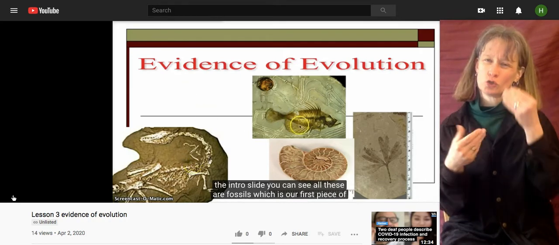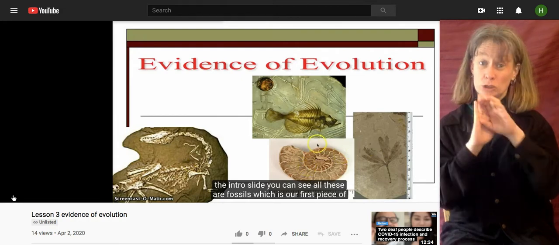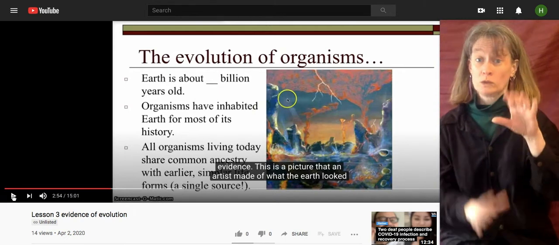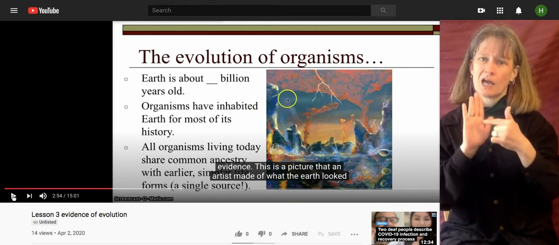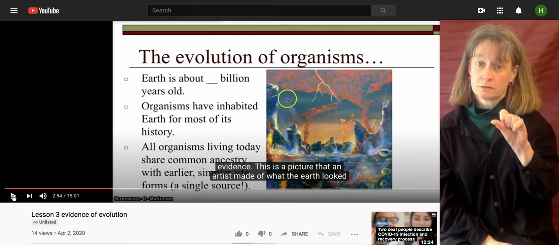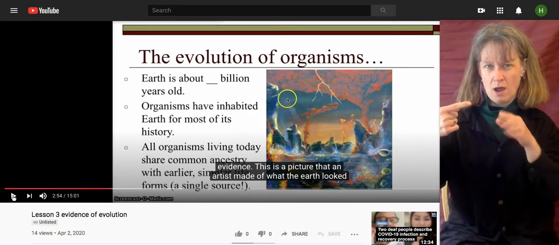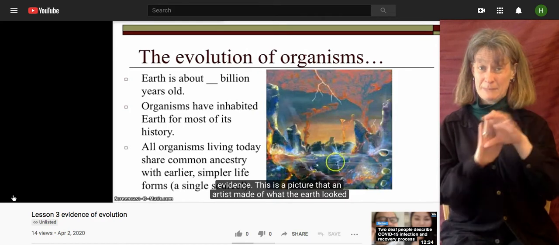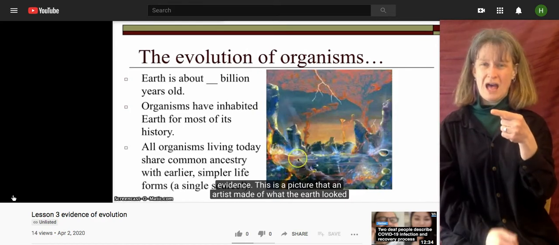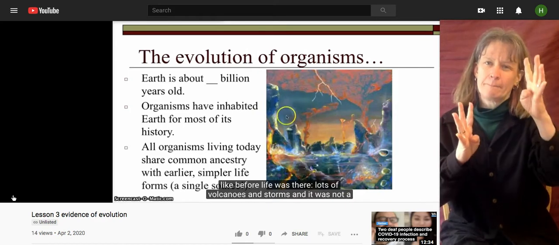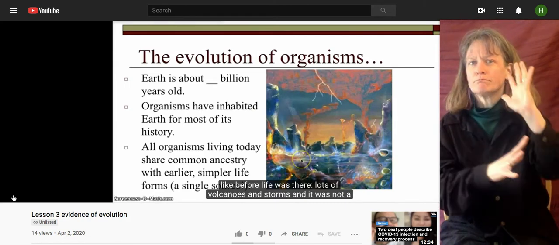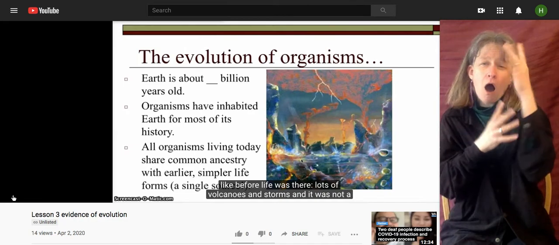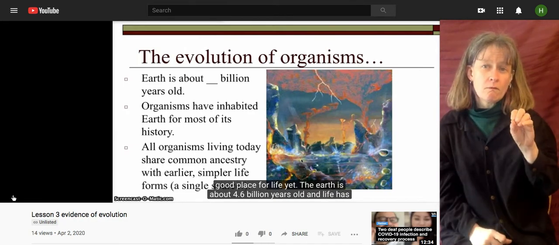You can see all these are fossils, which is our first piece of evidence. This is a picture that an artist made of what the earth looked like before life was there. Lots of volcanoes and storms, and it was not a good place for life yet.